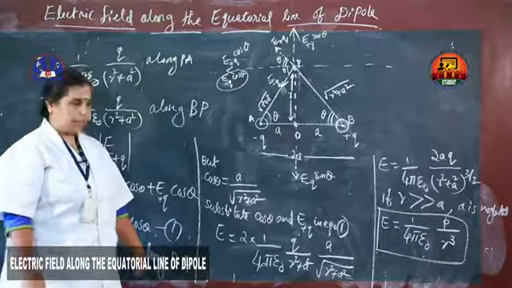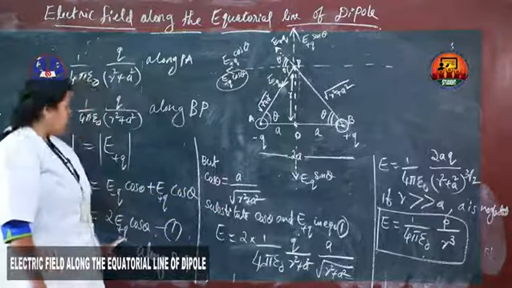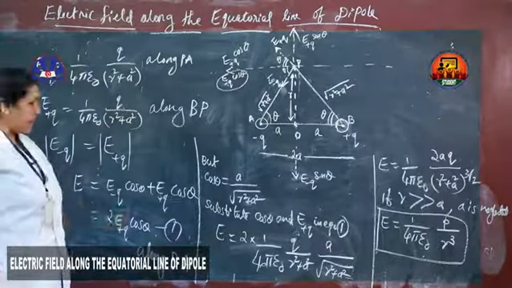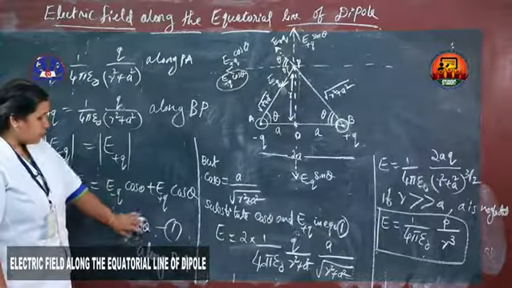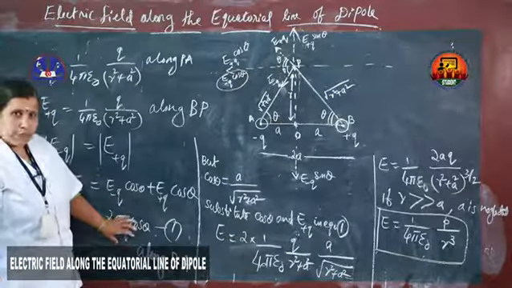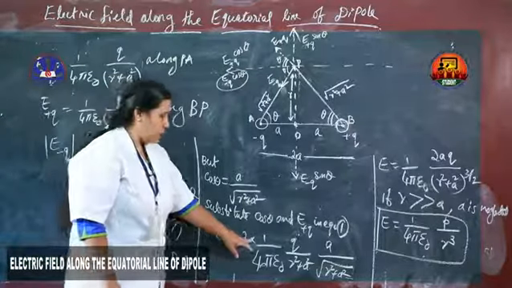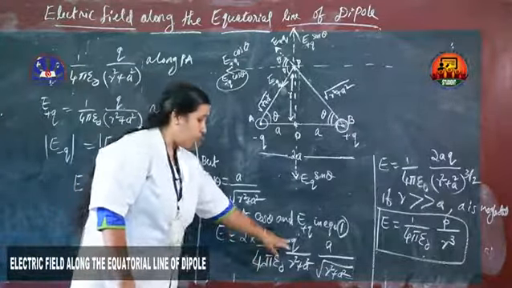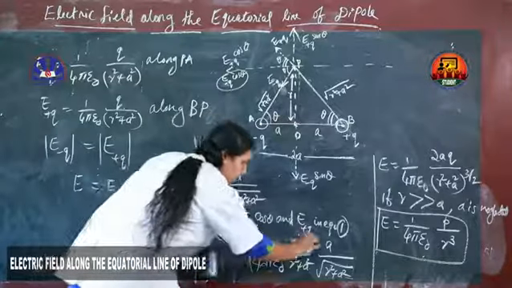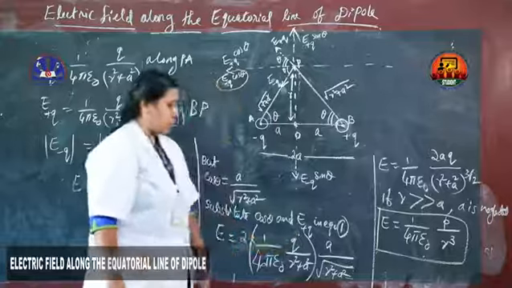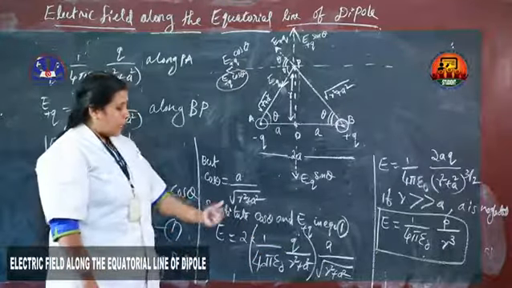Now we already know E plus Q is 1 by 4 pi epsilon 0 Q divided by r square plus a square. So I am going to substitute both for cos theta and for E plus Q, so that you get E equal to twice into 1 by 4 pi epsilon 0 Q divided by r square plus a square. This is E plus Q, and this is for cos theta, a divided by root of r square plus a square. Now look at the denominator.